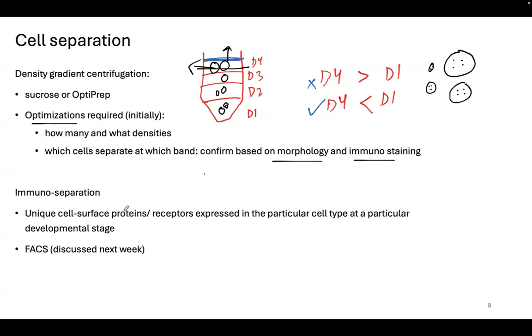The next thing is, this is density gradient identification. But again, what if two different types of cells have roughly the same densities? They may have minutely different densities, but not enough that they can be separated in a gradient like this. In that case, remember we said you are interested in two different cell types which express two different markers.